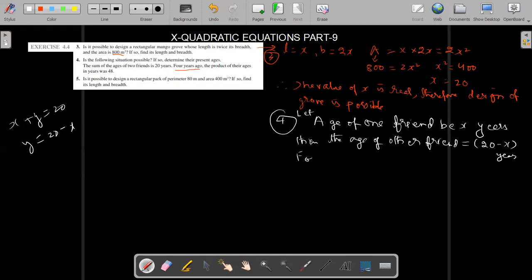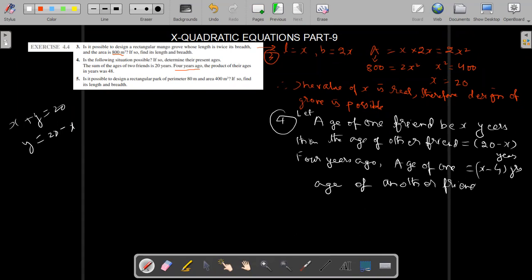So 4 years ago, their ages will be: age of one friend x minus 4 years, and age of the other friend 20 minus 4, so 16 minus x.